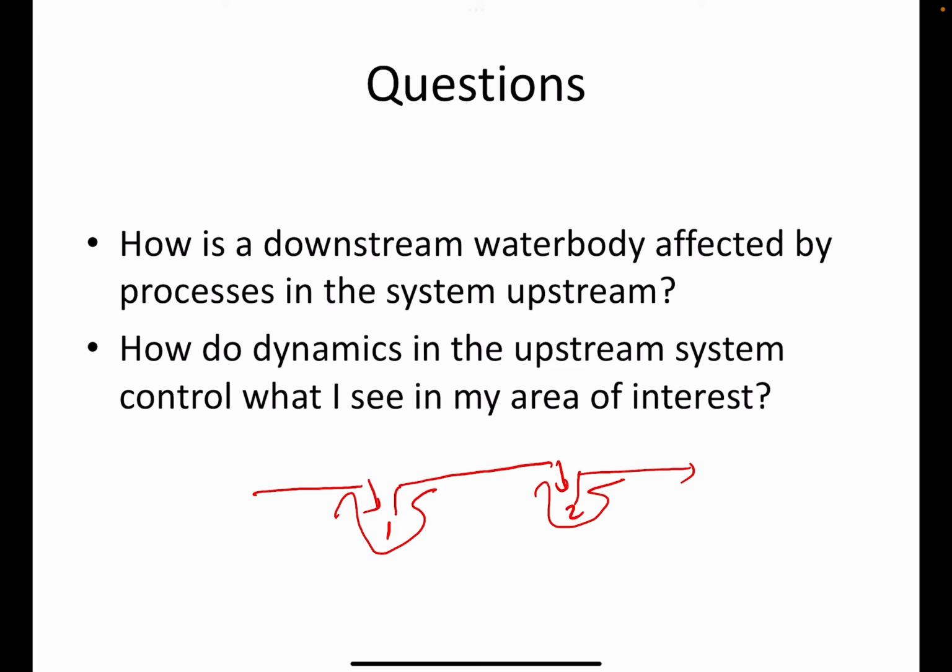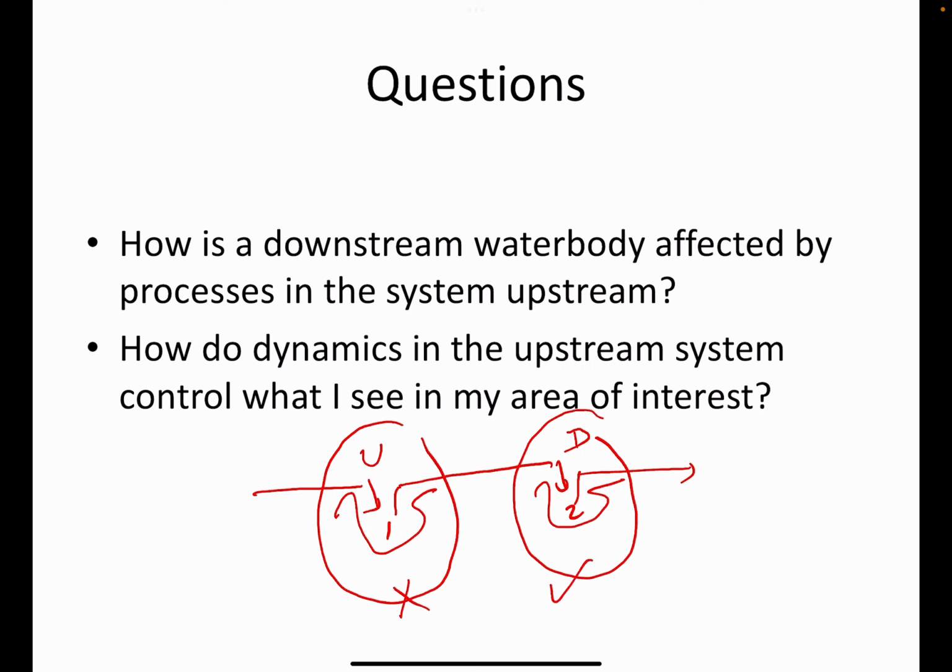What we're checking is, this is downstream, and this is upstream. So we want to check the effect downstream on this lake by the processes in the lake upstream. So this lake will affect this lake.